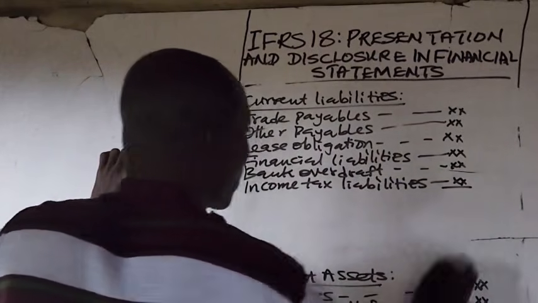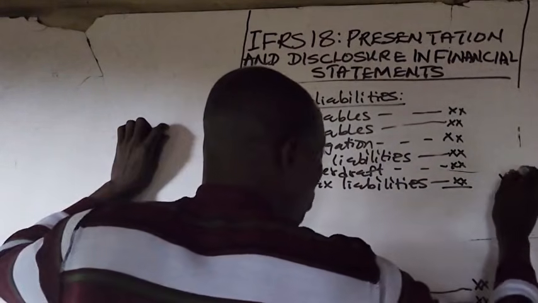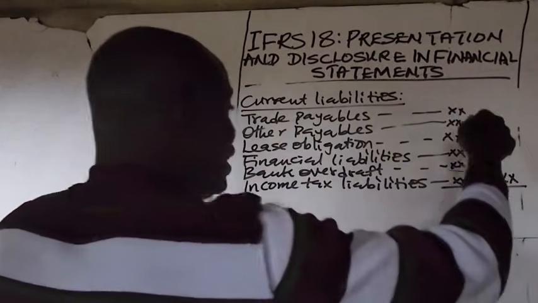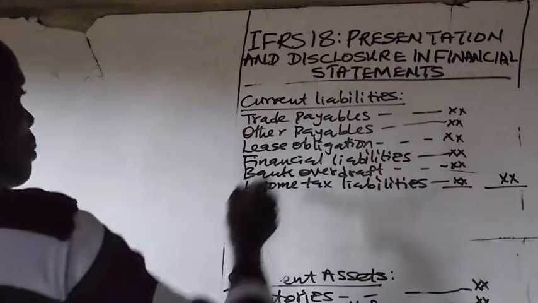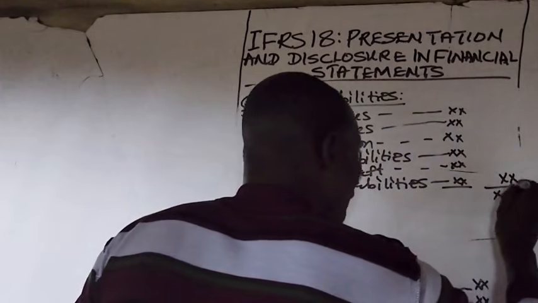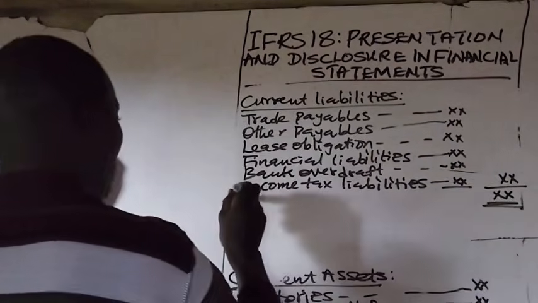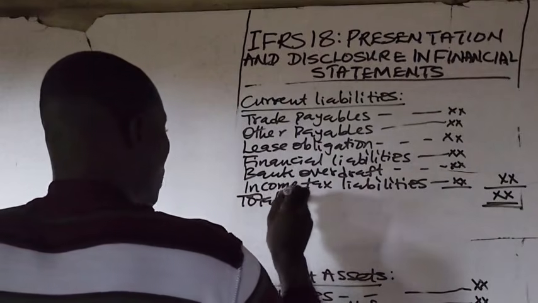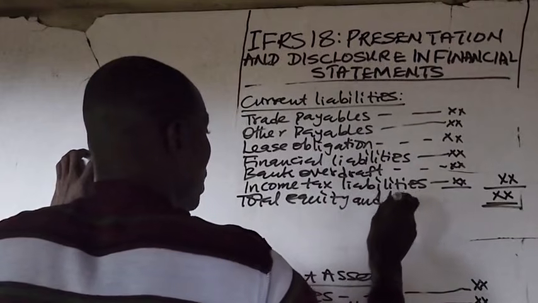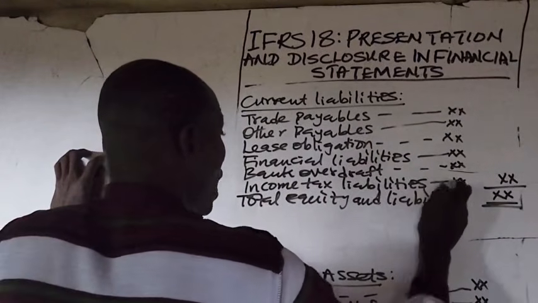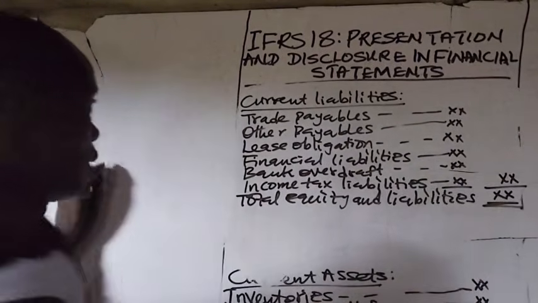So, you sum up your current liabilities, you have this as the total. You add the equity plus the non-current liabilities plus current liabilities, then you get the total equity and liabilities. Total equity and liabilities.